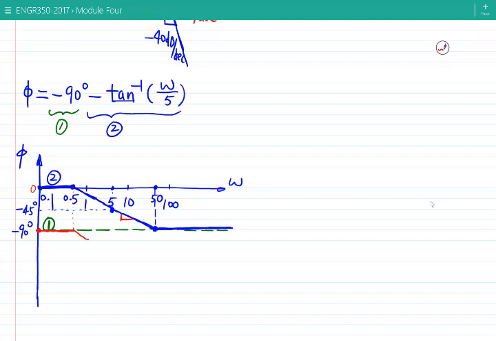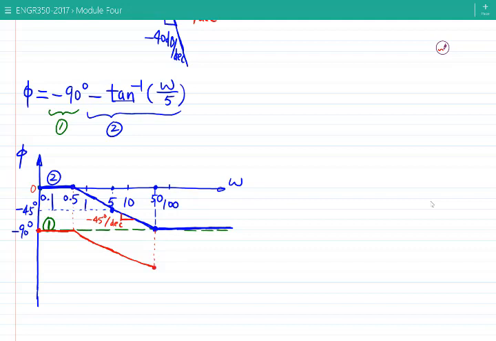For factor number 2, the slope is minus 45 degrees per decade. So we have to bend down minus 45 degrees per decade because of factor number 2, and we move on until we reach frequency omega equal to 50.